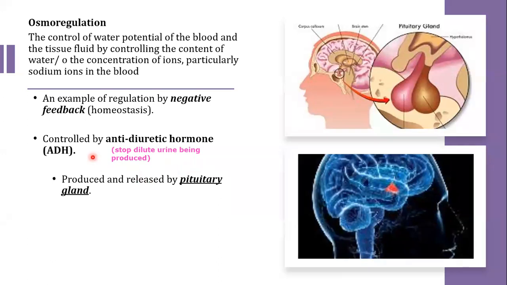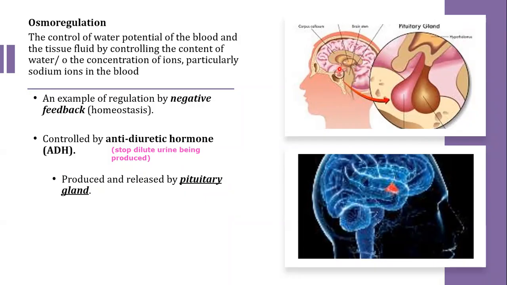Now, this ADH is produced and released by the posterior pituitary gland, which is this one. The posterior pituitary gland, right? The osmoreceptors that will detect the changes in the water potential in the blood are in the hypothalamus here. So this is the hypothalamus. This is your brain.